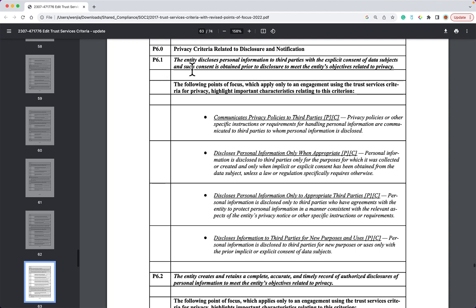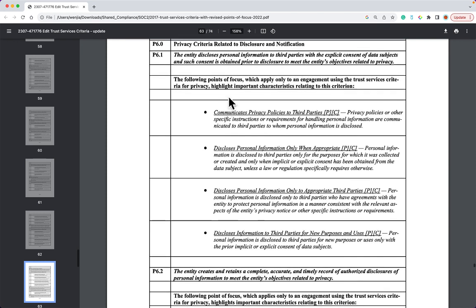P6.1. The entity discloses personal information to third parties with the explicit consent of data subjects, and such consent is obtained prior to disclosure to meet the entity's objectives related to privacy.